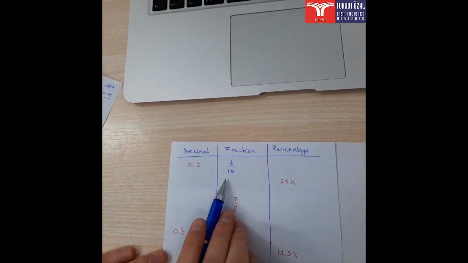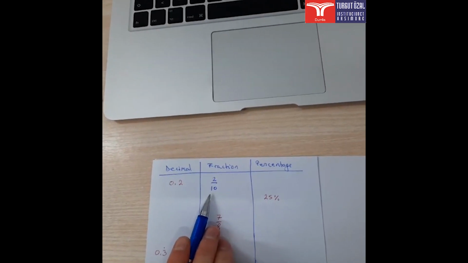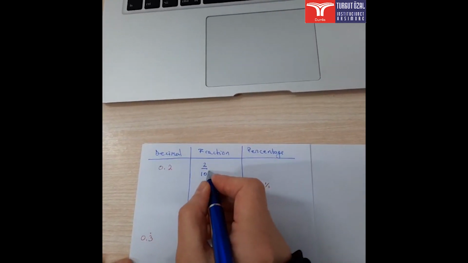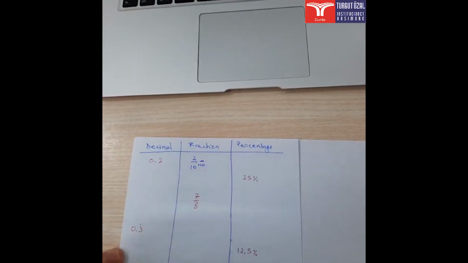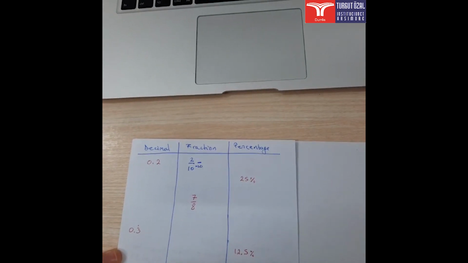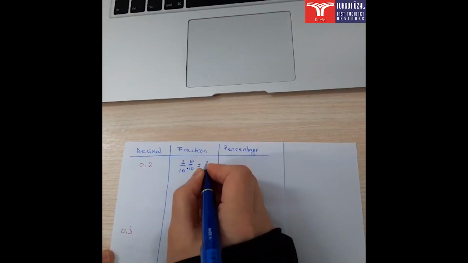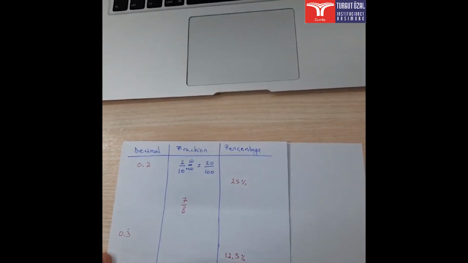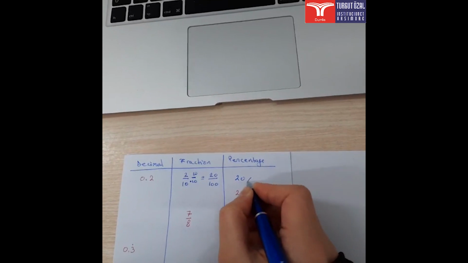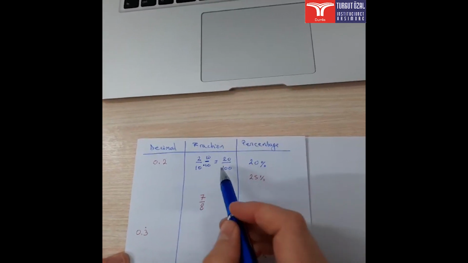So you have to enlarge this fraction by 10, which means I have to multiply the denominator with 10. But if you multiply the denominator, you have to multiply the numerator too with 10. So the new fraction will be 20 over 100, which is the same as 20%, since percent means per 100.